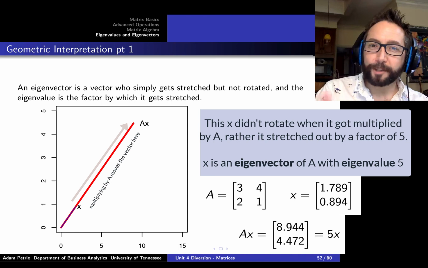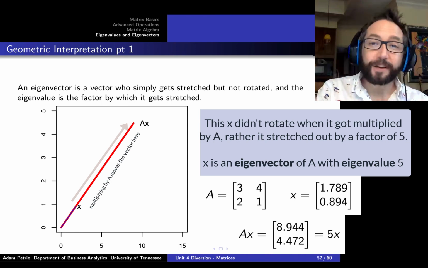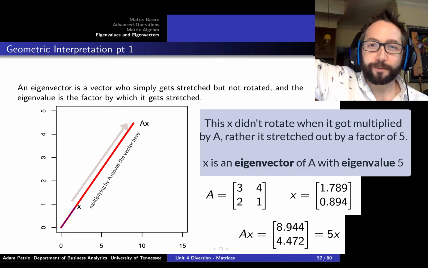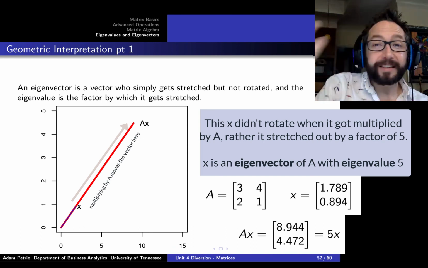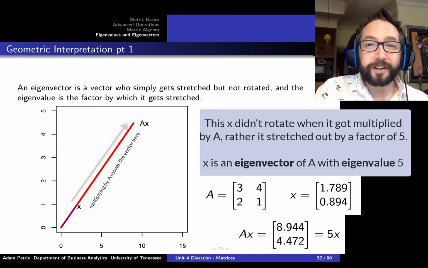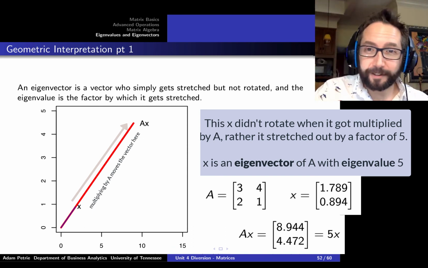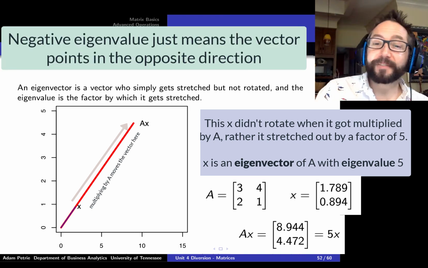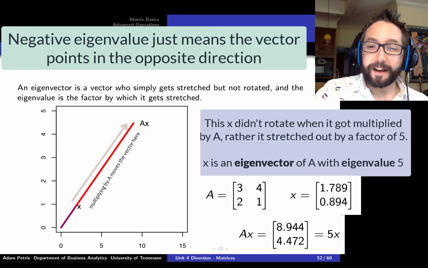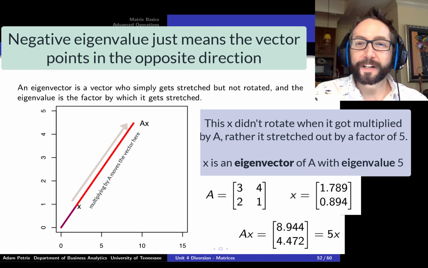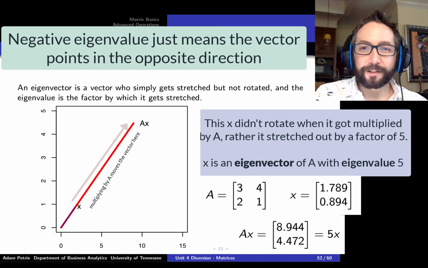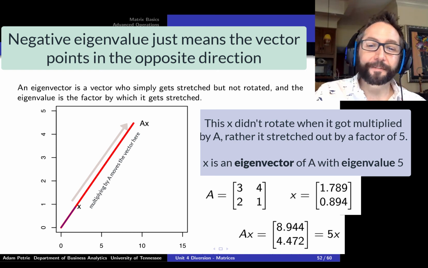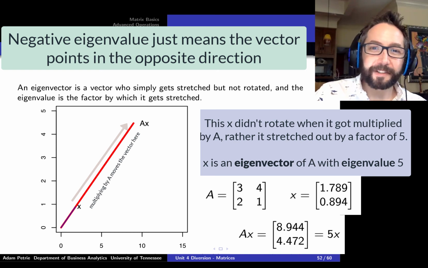Now, with matrix multiplication, not only is that rotation going on, but there's an extension or a contraction of that vector. The eigenvalue is just that expansion factor, if it got bigger or if it got smaller. You can have negative eigenvalues, you can have positive eigenvalues, but it's related to how far that vector gets stretched out or inward relating to where it started. If it's negative, it's flipped to the other side of the origin.